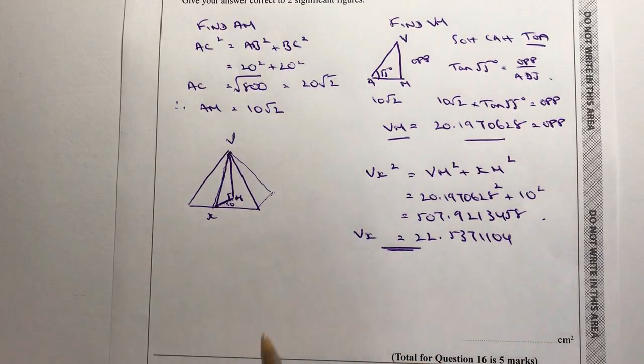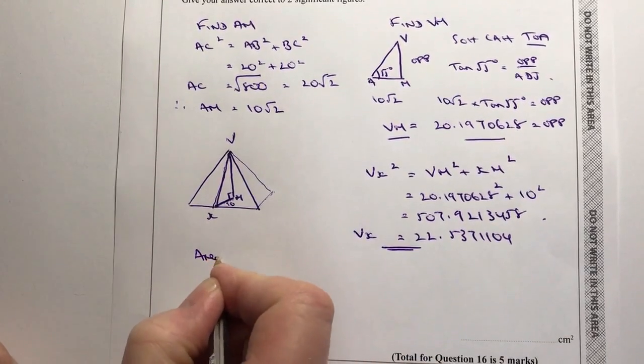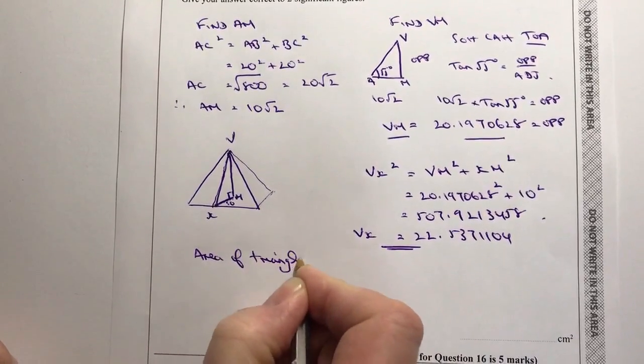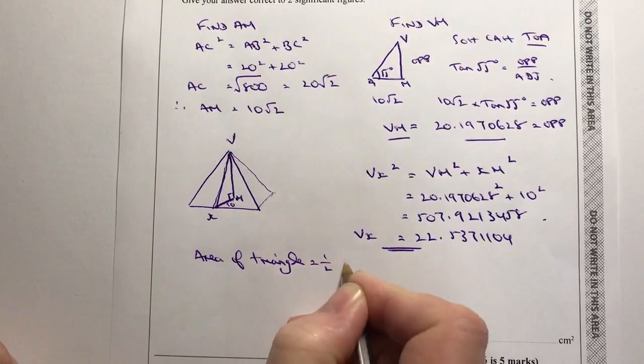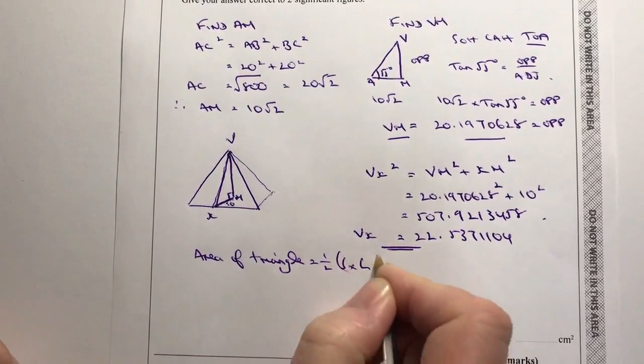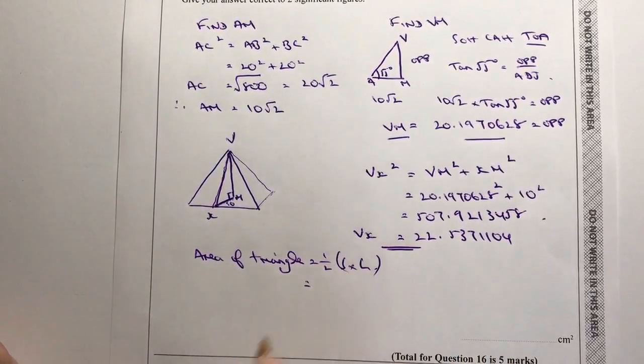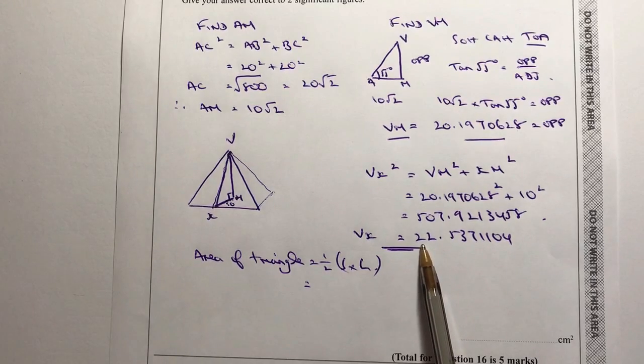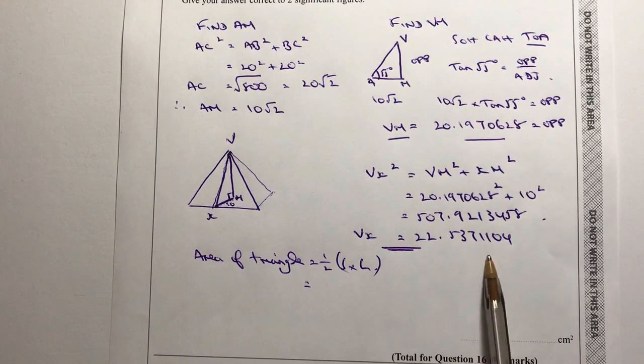So what I've got is now I'm in a position where I can work out this area by saying the area of the triangle is equal to a half base times height. Okay, I'm sure my writing isn't so good there, but base is going to be 20, which we know already, and the height is the length that we've just worked out, which is VX.